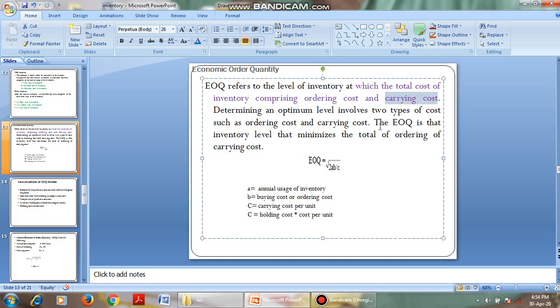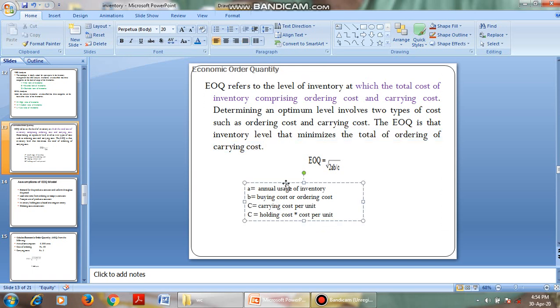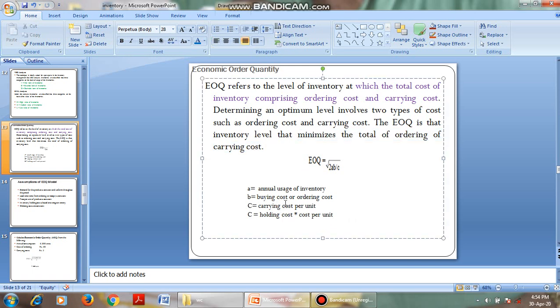This EOQ is the economic order quantity, that is the quantity which you order should minimize the total ordering cost as well as the carrying cost. In simple sense, economic order quantity is the quantity of inventory where we minimize the total ordering cost as well as the carrying cost of the inventory. We call it economic order quantity.